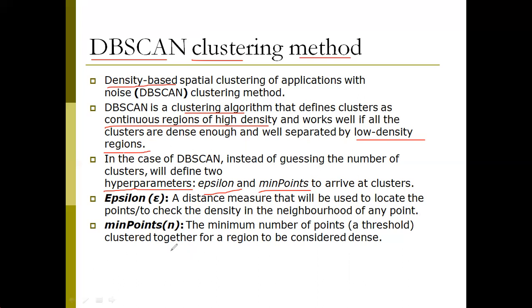What is minimum points? It is the minimum number of points clustered together for a region to be considered dense. For these two, I'll give you one example.